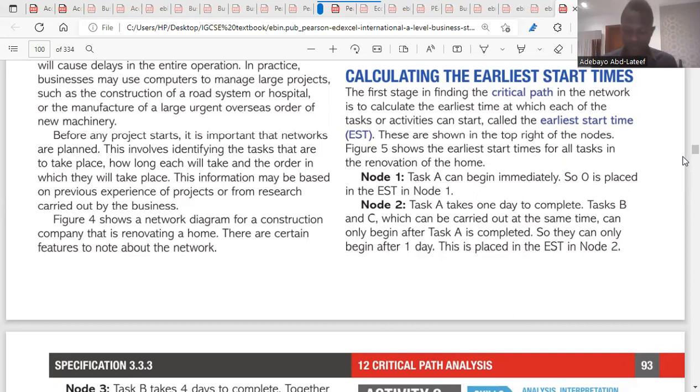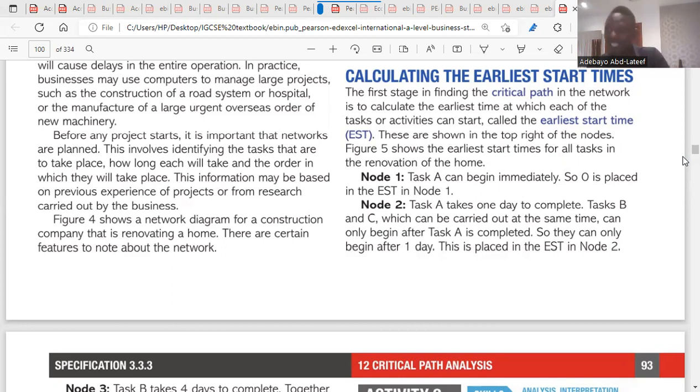Now you have a network on a project: task A, task B, task C, task D, and E, and F, and G. When are you going to start this task? The earliest possible time at which this task has to start for that project, because without this task completed, you don't even have a project.